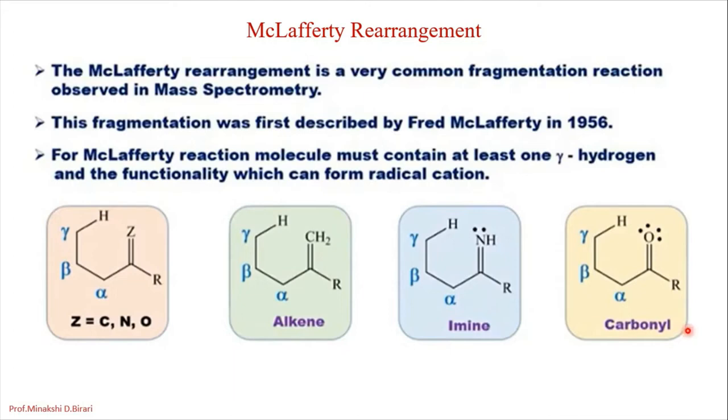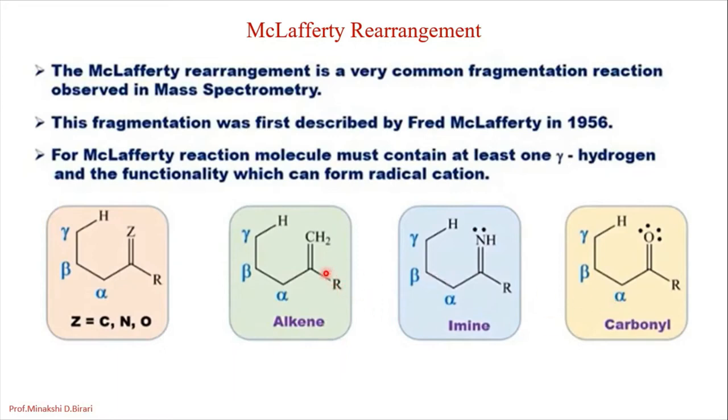These are also molecules which can undergo McLafferty rearrangement because they satisfy both conditions. The first condition is that the molecule must contain at least one gamma hydrogen, and the second condition is the functionality which can form a radical cation.